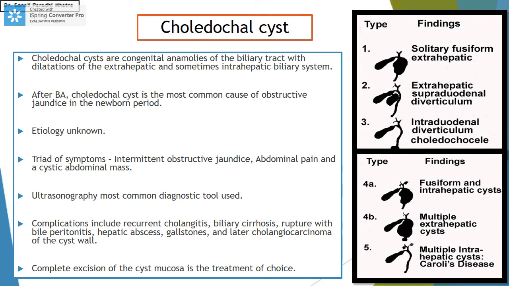The complications can include recurrent cholangitis, biliary cirrhosis, rupture with bile peritonitis, hepatic abscess, gallstones, and later cholangiocarcinoma of the cyst wall. Complete excision of the cyst mucosa is the treatment of choice here.